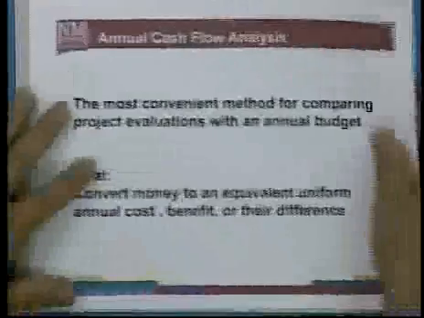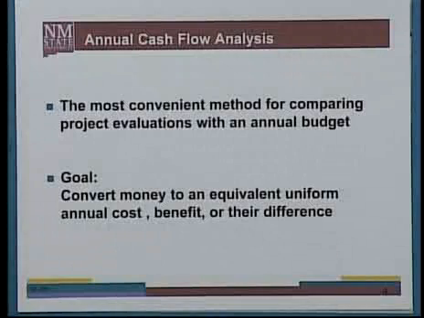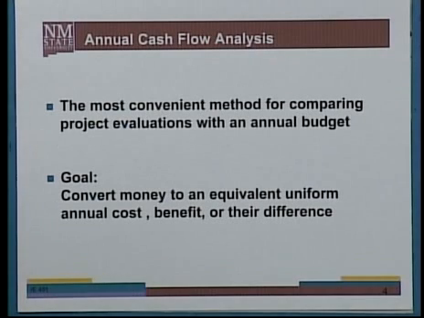However, the annual cash flow method is often the best approach, because saying that a project will cost you $100 per week, or a project will save you $10,000 per year makes intuitive sense, even to people who have never heard of engineering economic analysis.